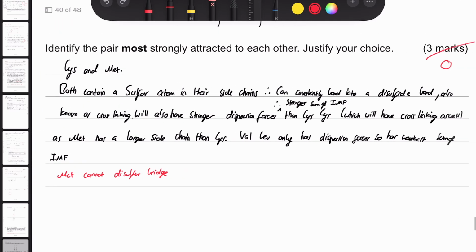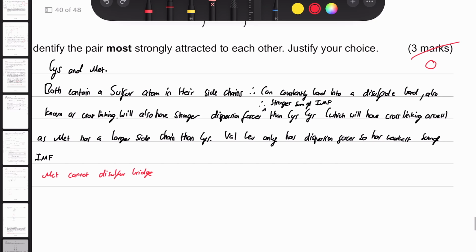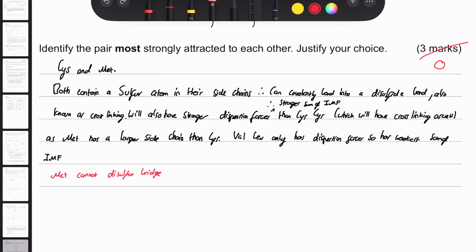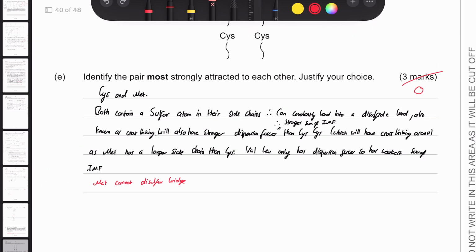I've got one. No, I don't think I can get one. Yeah, because I didn't specifically say that the cross-linking or the disulfide bond has stronger forces of attraction than the others.